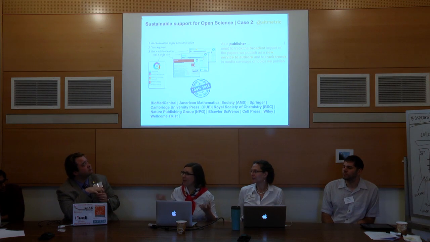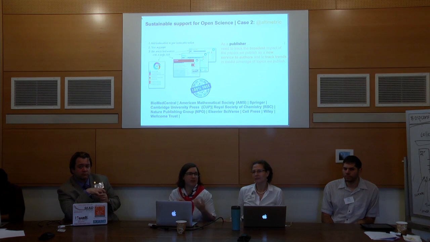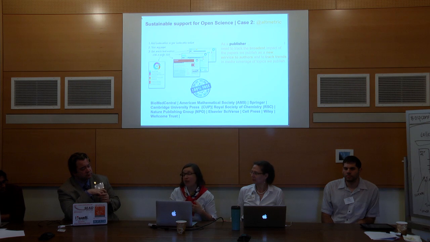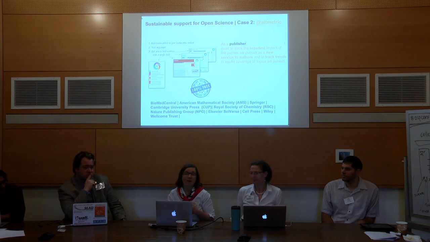And so publishers want to provide this as a service to their authors. It enables them to stay competitive with other publishers. Authors are very interested to know who's blogging about their paper, who's tweeting about their paper, what newspapers have picked up the story and are writing about it.